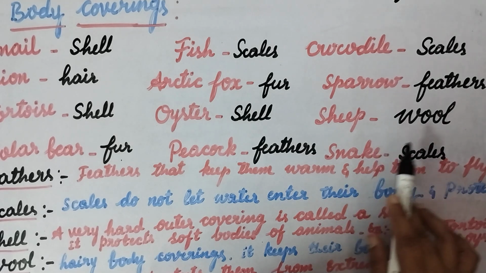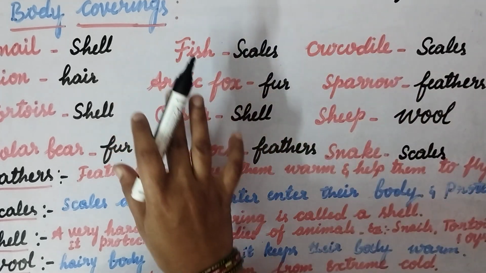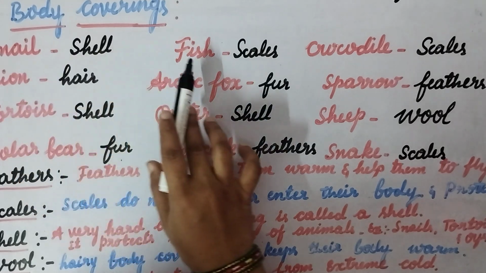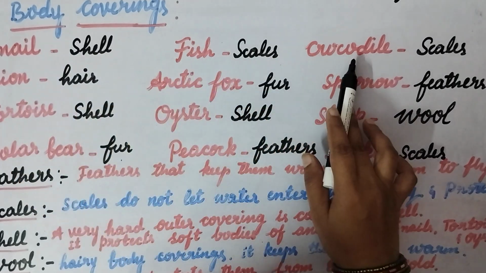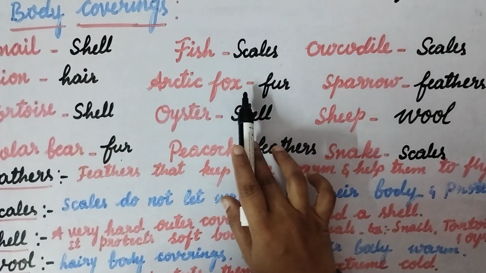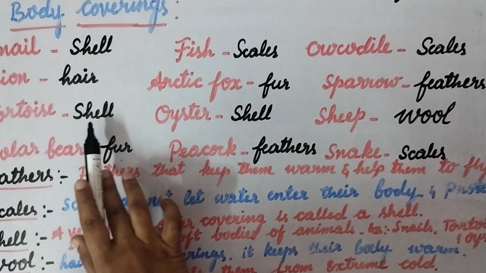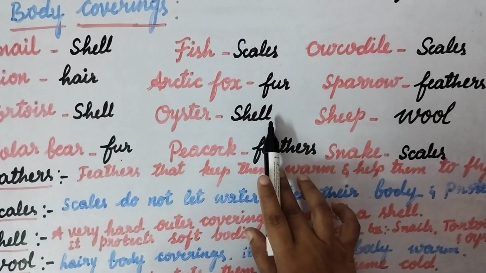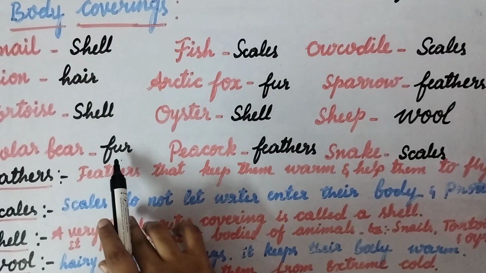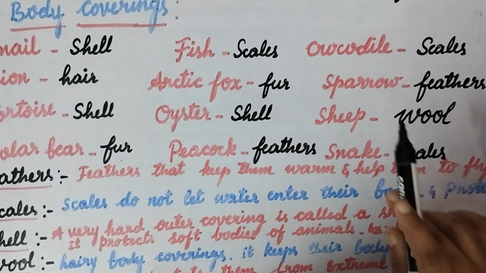So these are the body coverings of the animals: snail, shell; fish, scales; crocodile, scales; lion, hair; Arctic fox, fur; sparrow, feathers; tortoise, shell; oyster, shell; sheep, wool; polar bear, fur; peacock, feathers; snake, scales.